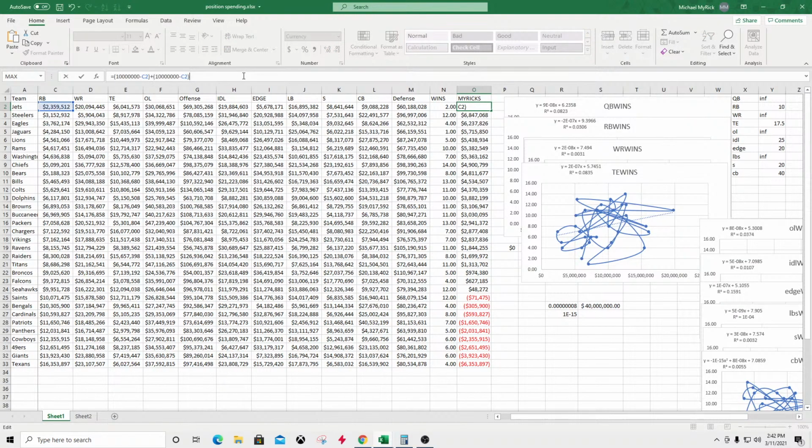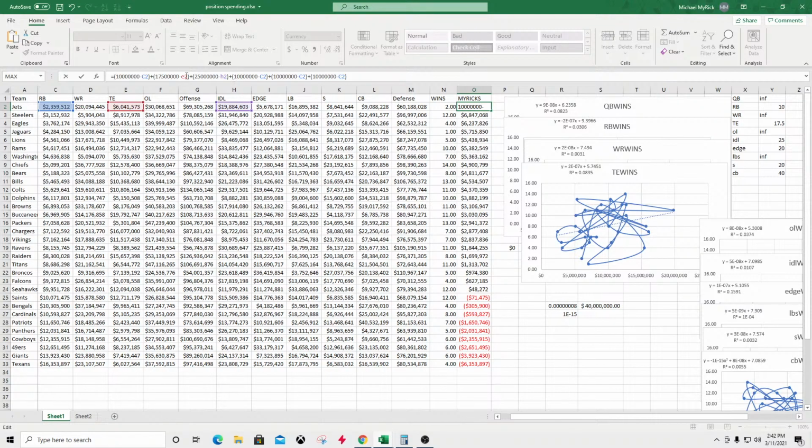So let's see. Oh, we need running backs and tight ends. The second one over here is tight ends, 17.5. Tight ends are E. The next one is IDLs, 25 million, they are H's.